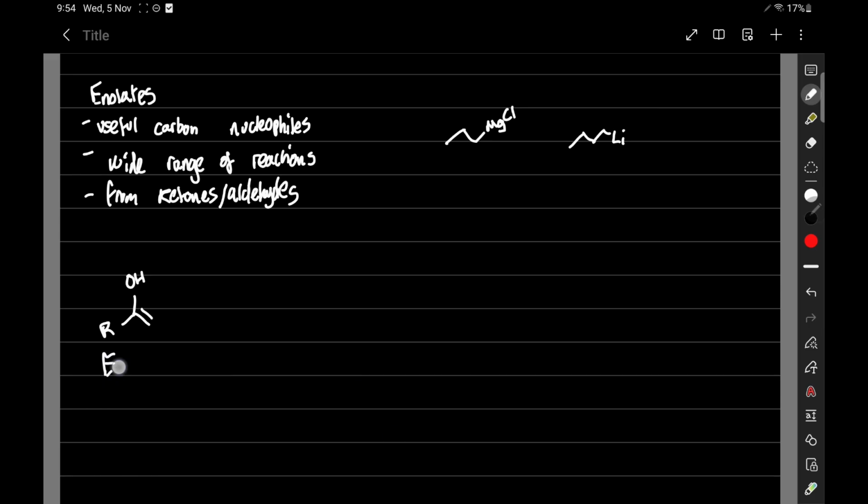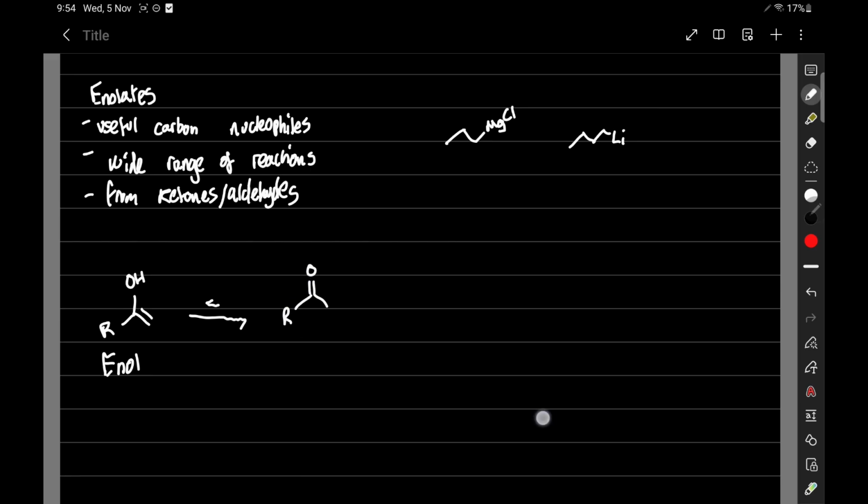So enol: it's a combination of -ol for the hydroxyl and -ene of the alkene. And enols normally exist as, enols are a tautomer of ketones.